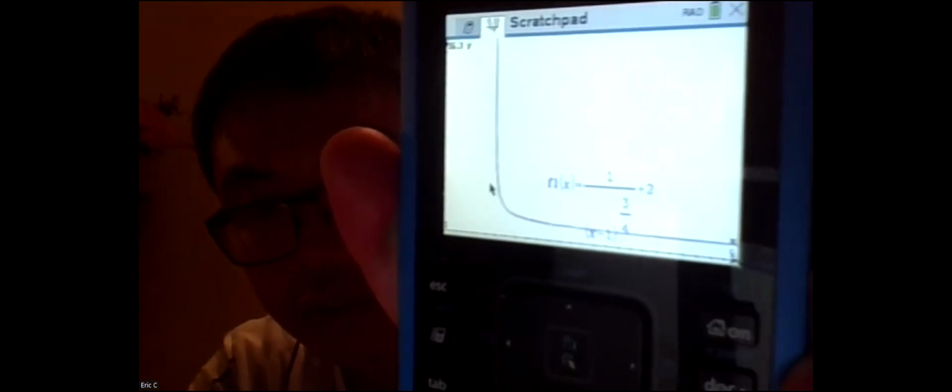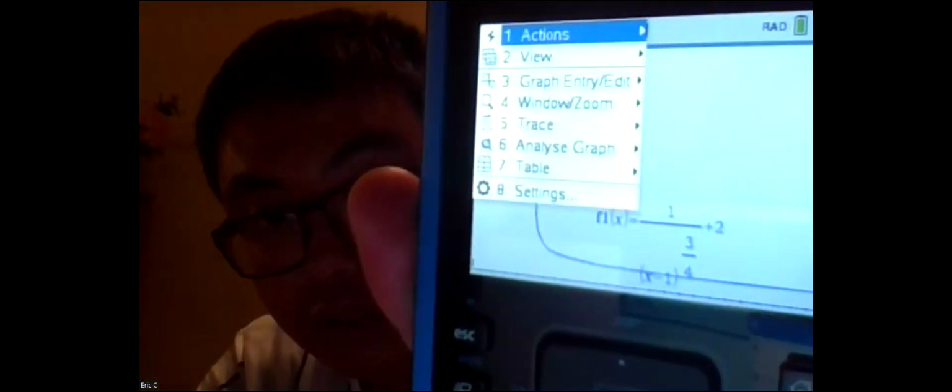That's the graph you can see there. It's kind of like half of a hyperbola. If you don't believe that's the full graph, you can press menu, then number 4, and then A for auto zoom.